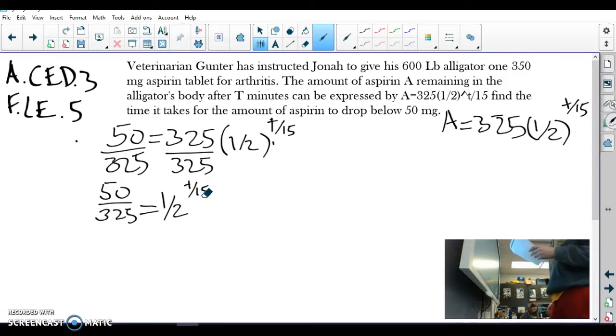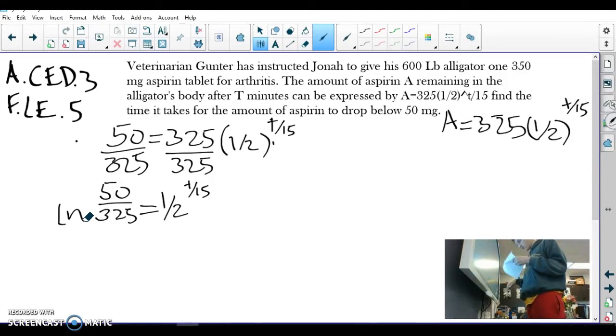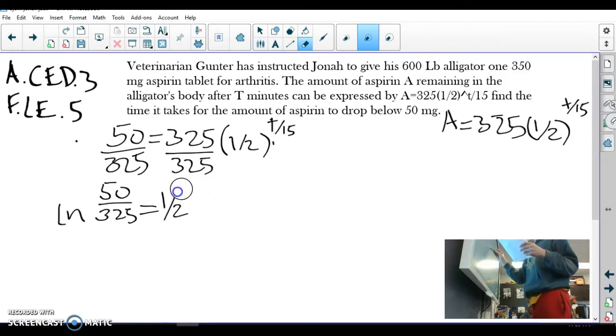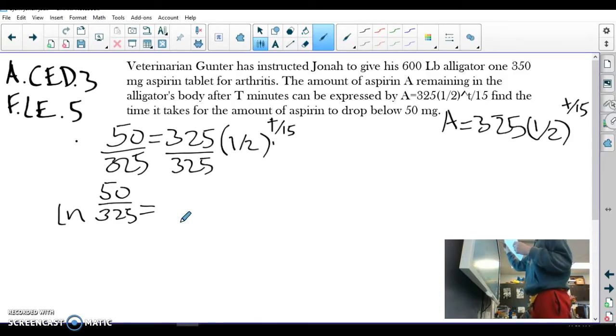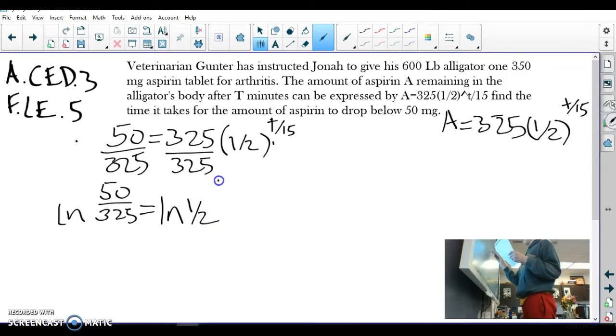Now you're going to want to take the ln of both sides. So ln of 50 over 325, and then ln of 1 half to the power of T over 15.